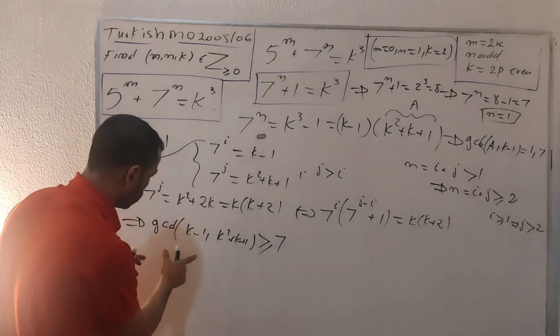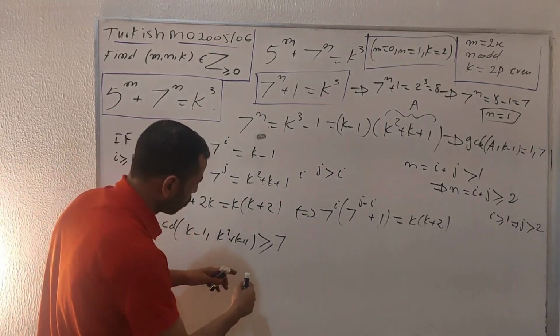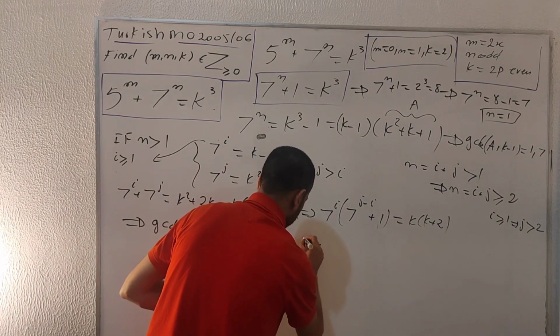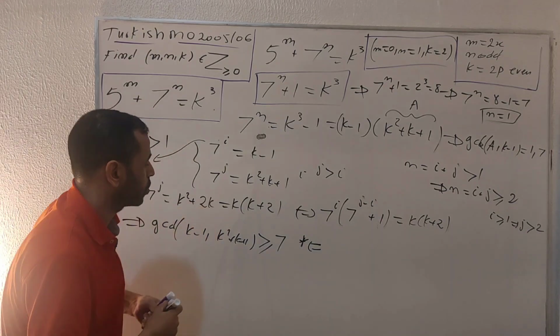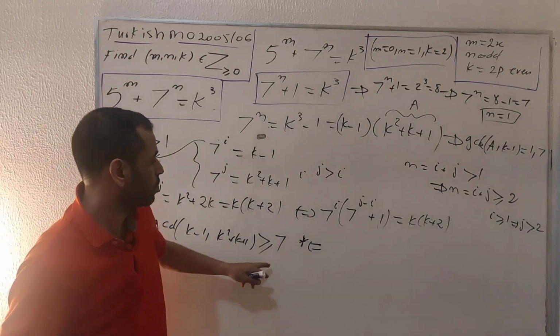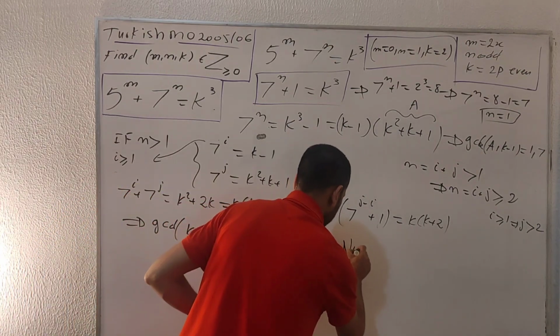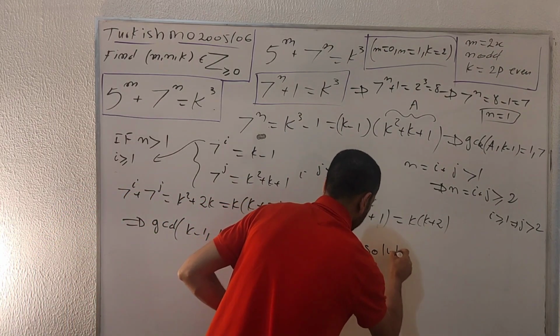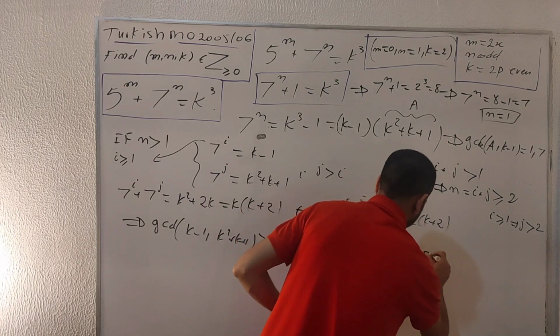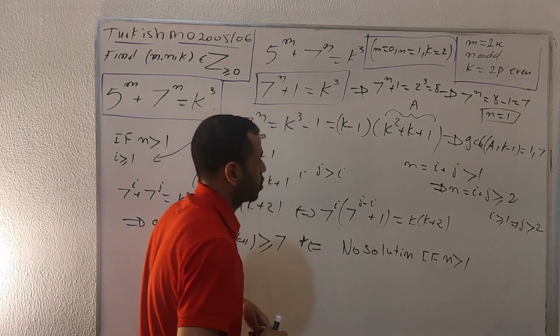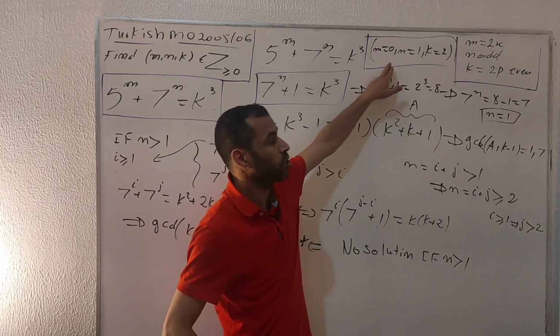So the GCD of this one must be superior to 7, which is a contradiction, because we know the GCD of this one equals 1 based on the previous proof, which means we have no solution if n is strictly superior to 1, which means the only solution that we found is this one, okay?